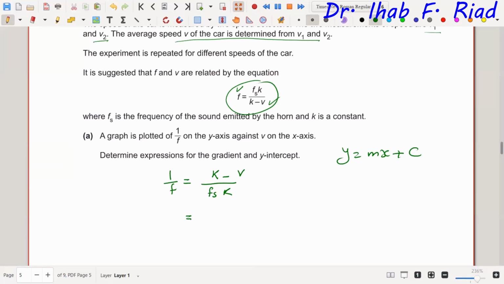Now, can we further simplify this equation to look more like one of a straight line?